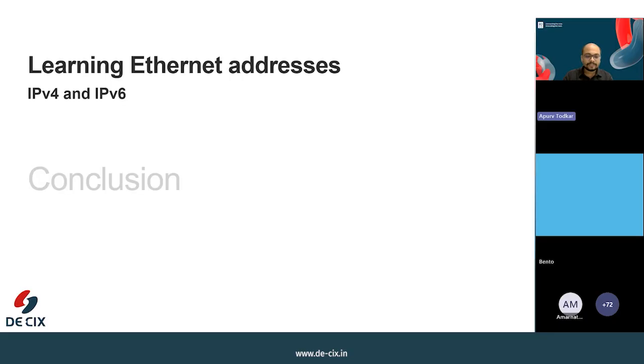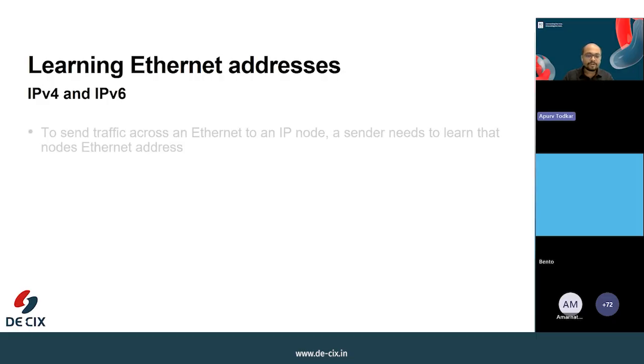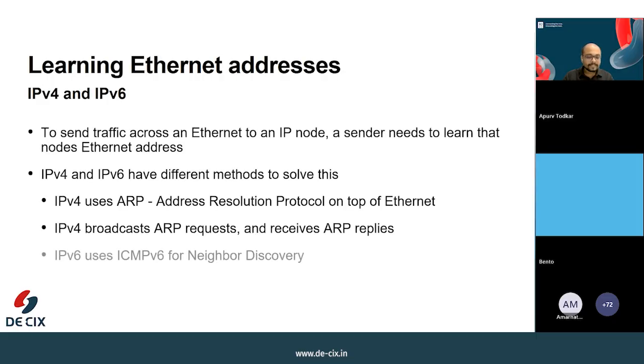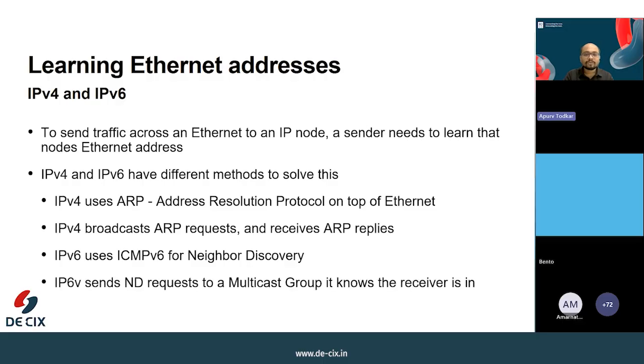So let's conclude this topic for today. Let's see what we talked about in a short summary. We talked about learning Ethernet addresses for IPv4 and IPv6. To send traffic over Ethernet to an IP node, the sender first needs to know the Ethernet address of that node. IP version 4 and IP version 6 solve this problem in different ways.